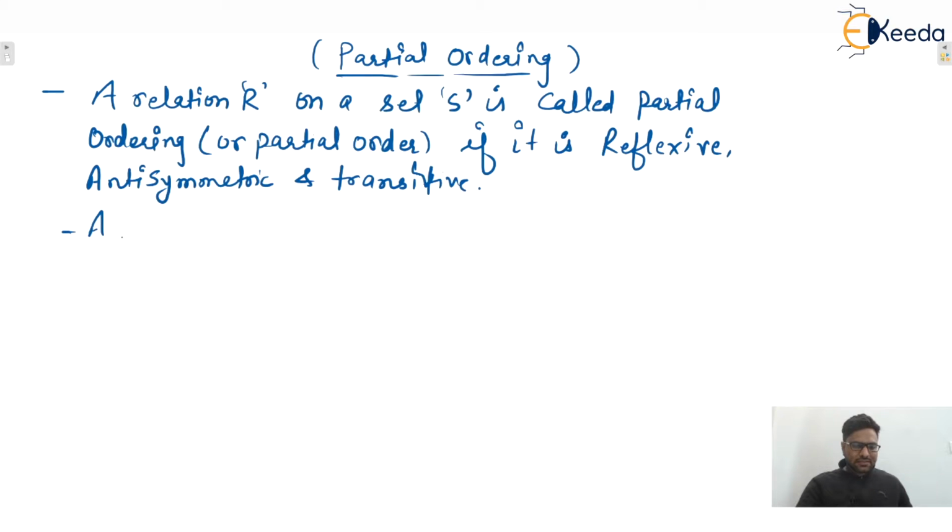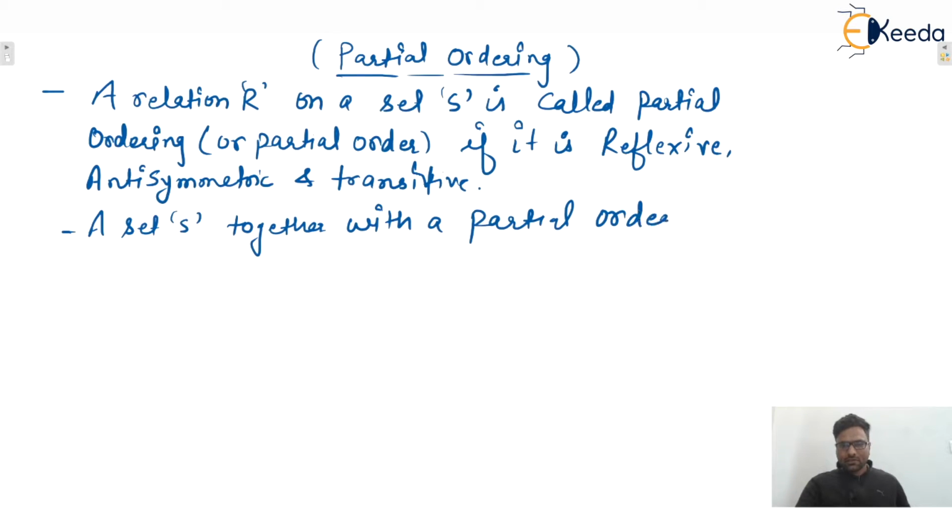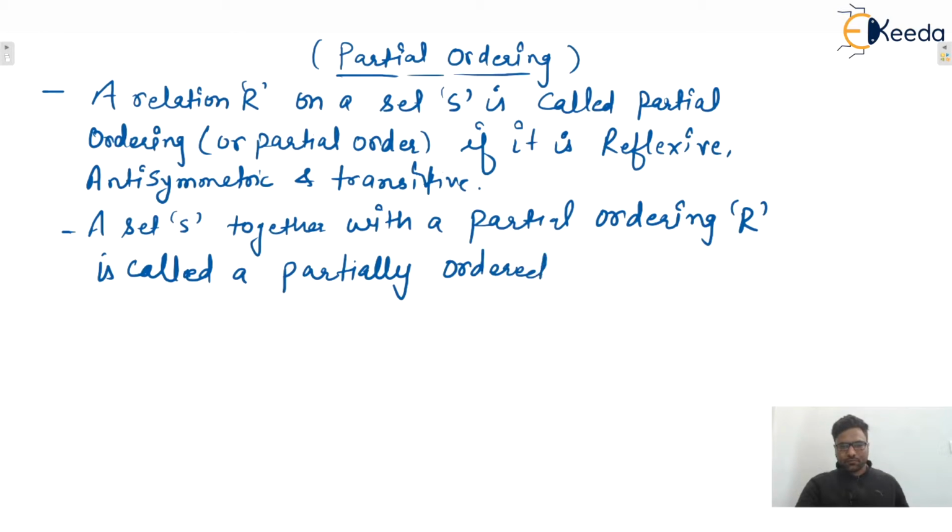Also we can say that a set capital S together with a partial ordering capital R is called a partially ordered set, or it is also known as poset.